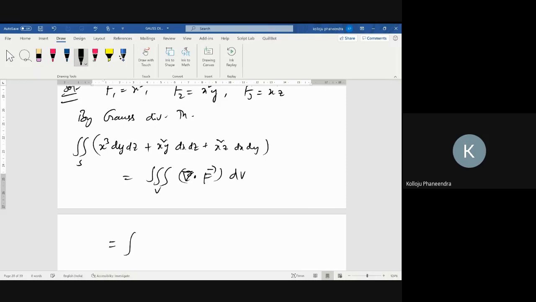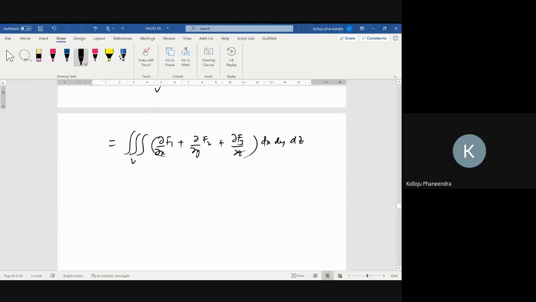That is equal to the triple integral over V of dou by dou x of f1 plus dou by dou y of f2 plus dou f3 by dou z, dx dy dz, or dV you can write, no problem.